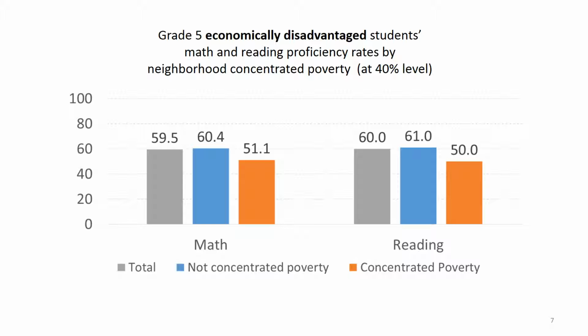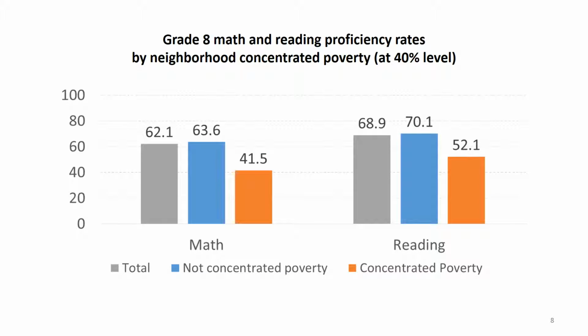Even just among economically disadvantaged students, those attending schools located physically in neighborhoods of concentrated poverty are performing worse on average, where about 50% are scoring proficient in both math and reading in schools located in concentrated poverty neighborhoods versus about 60% in other schools.